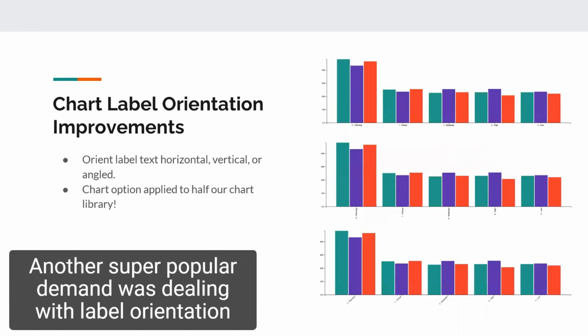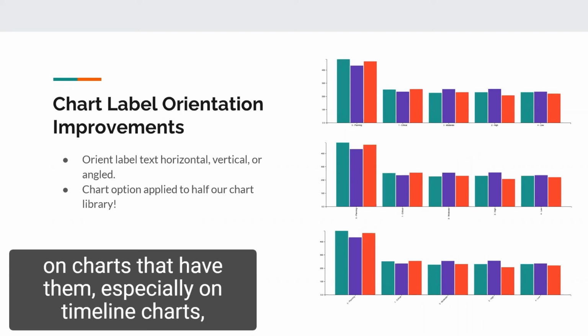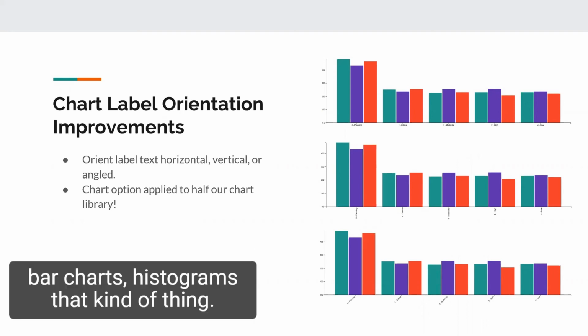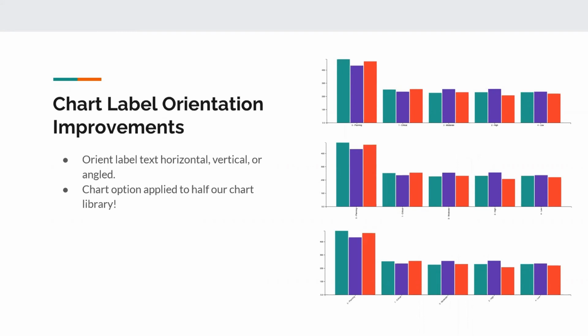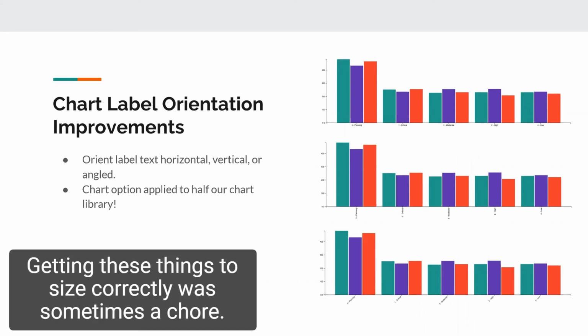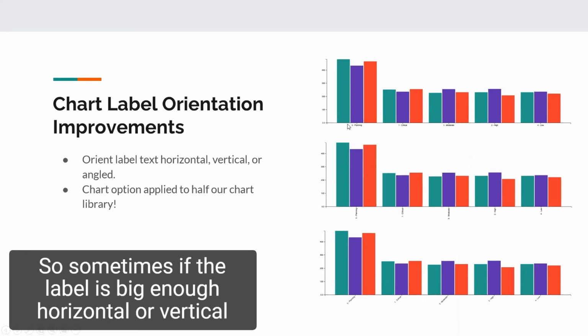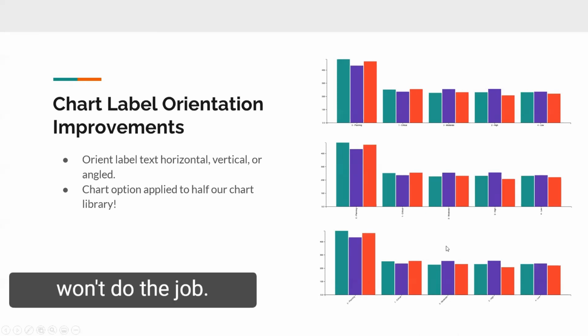Okay, another super popular demand was dealing with label orientation on charts that have them, especially on timeline charts, bar charts, histograms, that kind of thing. Getting these things to size correctly was sometimes a chore. Sometimes if the label is big enough, horizontal or vertical won't do the job.